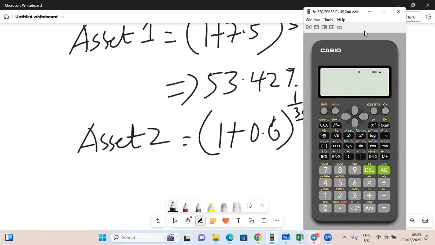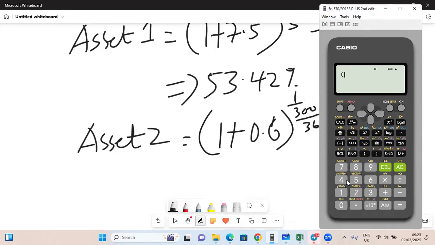So I'm going to use brackets 1 plus 0.6 raised to the power 365 all over 300, minus 1.